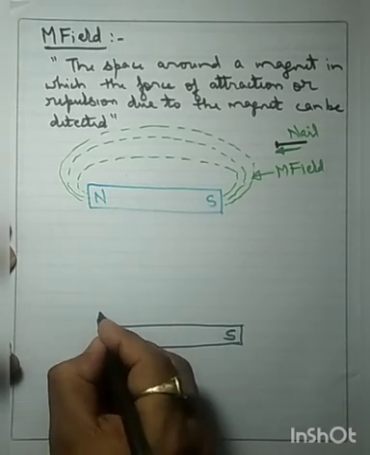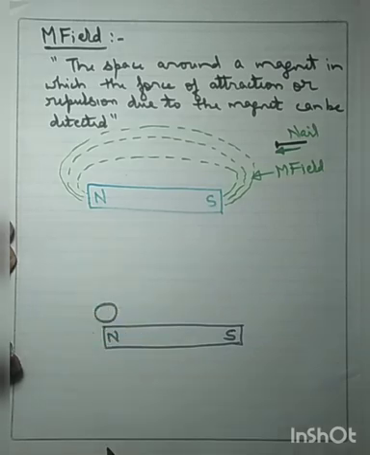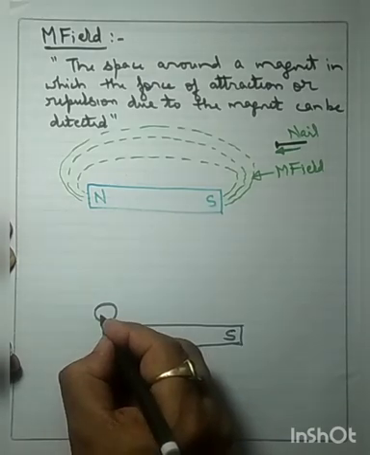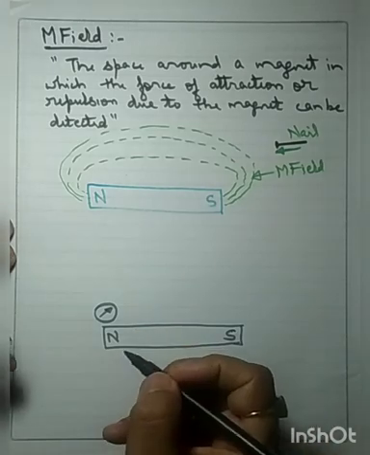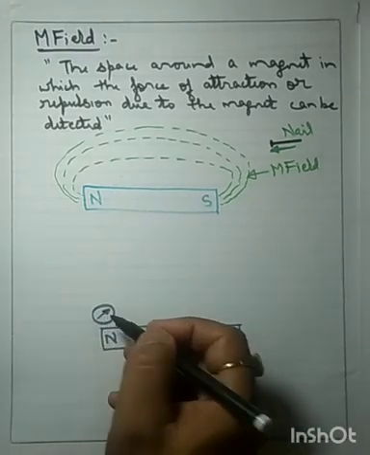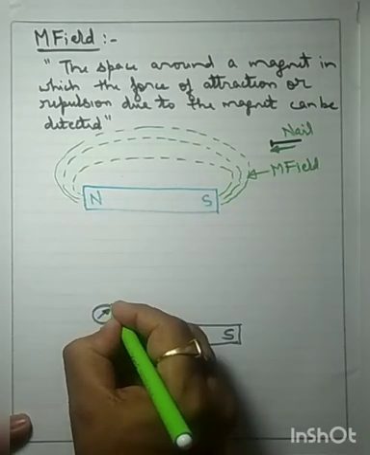Suppose we keep the magnetic compass at this point, at this place, then the direction of the arrowhead will be, suppose, in this direction, and we have to mark this point.